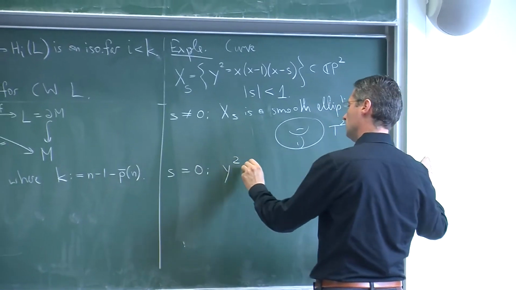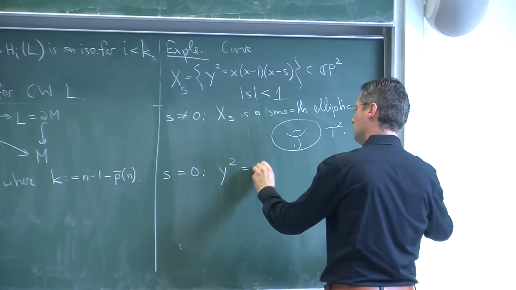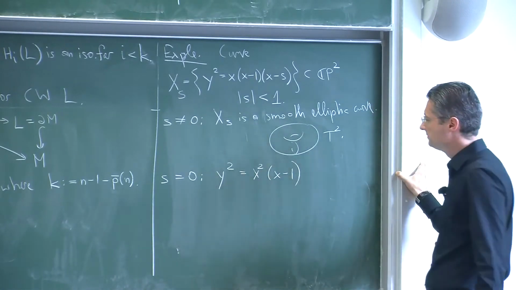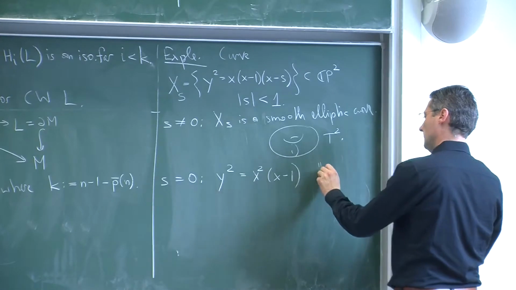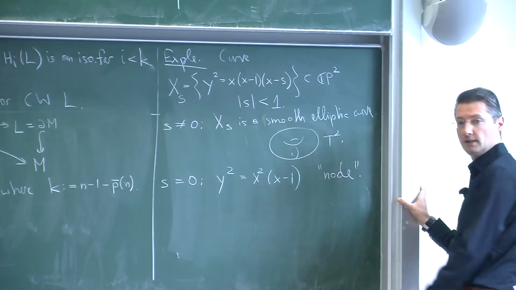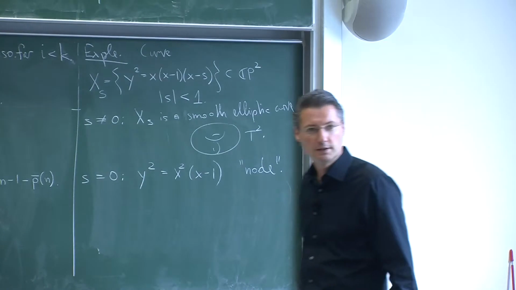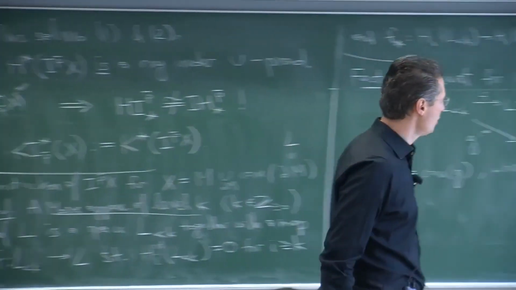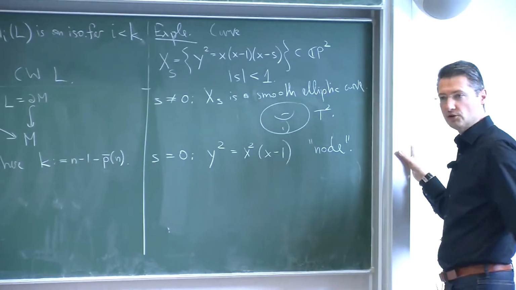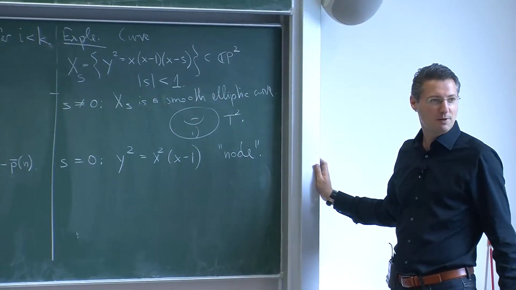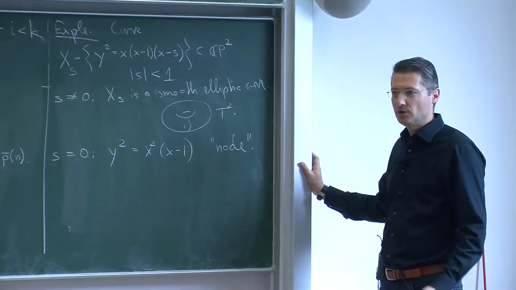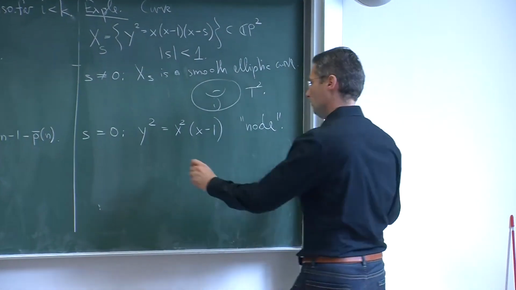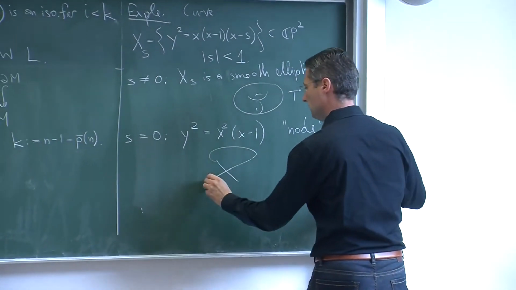Then you get x squared times (x minus 1). So it's what's called a node in algebraic singularity theory. A singular point develops, called a node, and topologically, this looks like a pinch torus. This is an example that we're already quite familiar with, because we discussed it at length in the last problem session. So you see the pinch torus coming up.